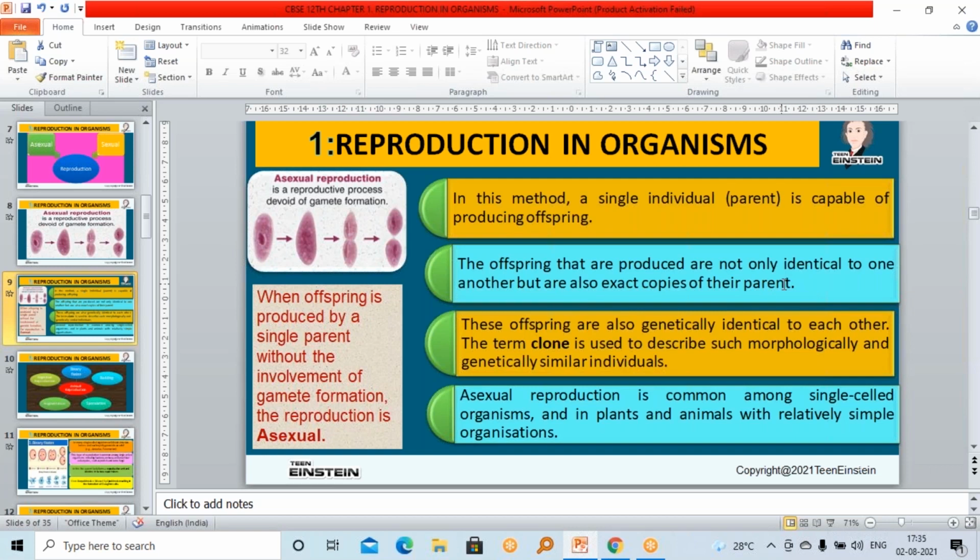In the previous slide we said there is no gamete formation, there is no union of individuals or union of gametes for reproductive purpose. Such kind of reproduction is called asexual reproduction.